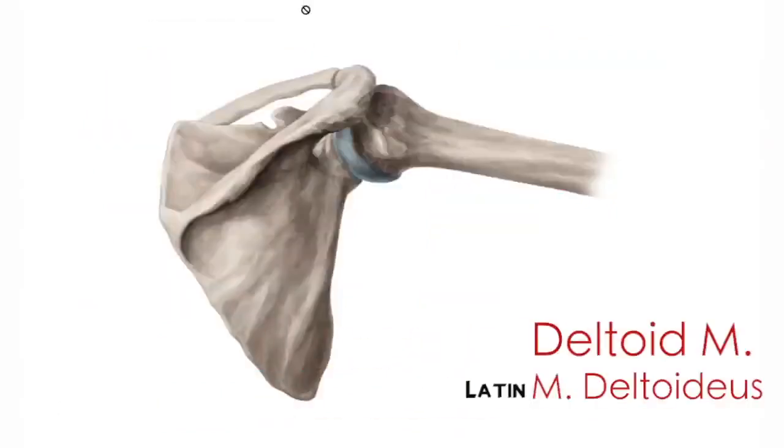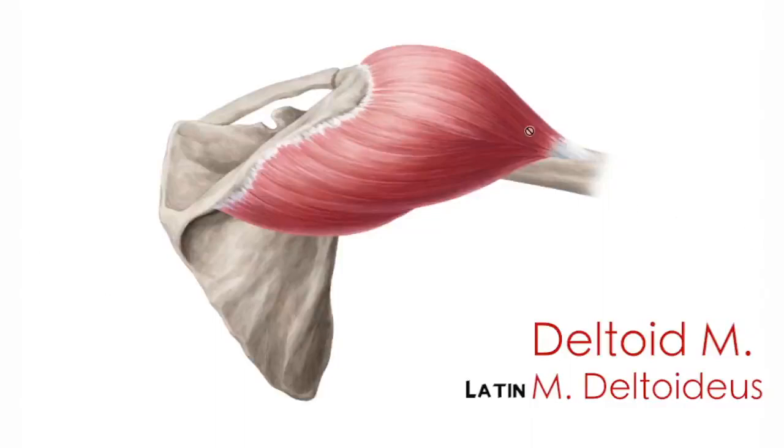I also have another image here that illustrates a little bit better where it's going to insert. It will insert in the very well-known deltoid tuberosity on the humerus, and that's why this muscle plays a major role not only in stabilizing the shoulder joint, but also in a lot of the movements related to this joint.